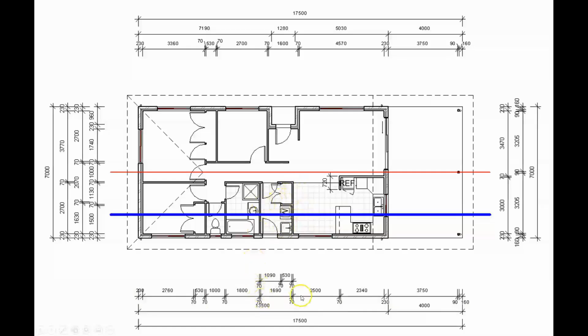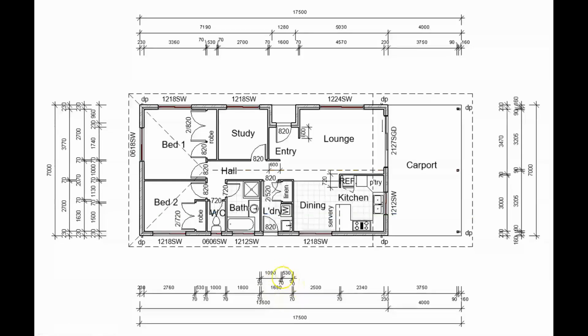They line up with the dimensions for the same walls on that full row, and therefore we're able to place this in, and it's very easy for the guys on site to go, okay, so it's 1690 between these two dimensions, and here if we run off this same wall, we go back 530. And that is the simple basic rules around how to dimension floor plans.